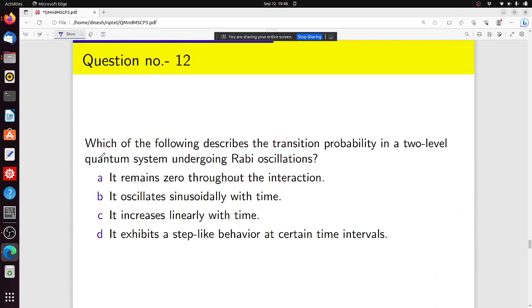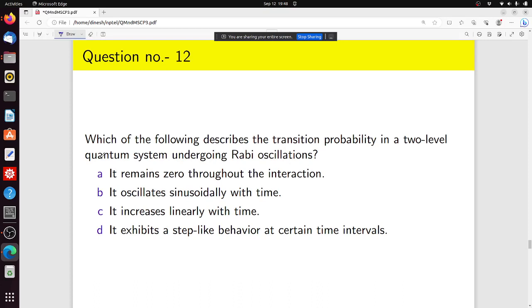Which of the following describes the transition probability in a two-level quantum system undergoing Rabi oscillation? Maybe in the first class, first week, you have studied Rabi oscillation of two states. There you might be remembering how this probability was depending on some function.